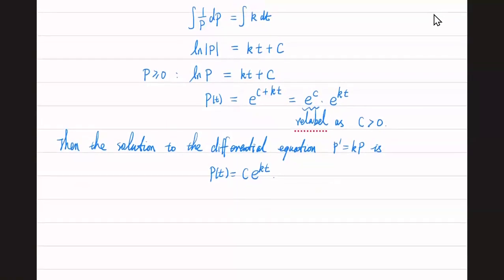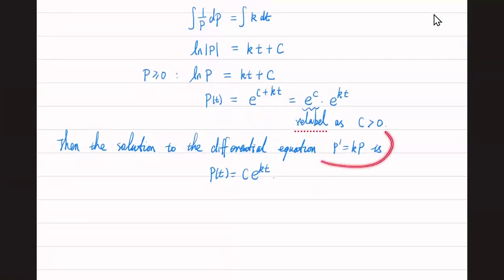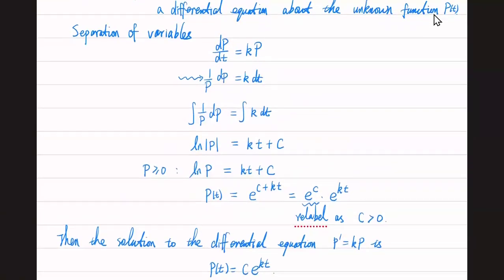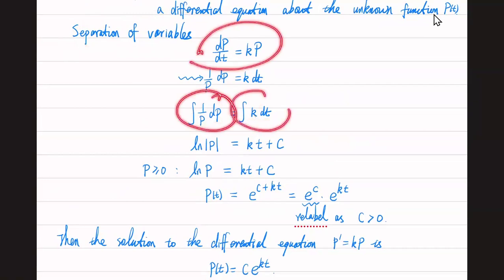Okay, that's how we solve this differential equation. The method is separation of variables. You can separate the p variable and the t variable. So solving the differential equation becomes integrating two functions.